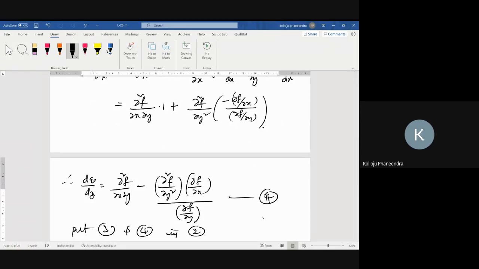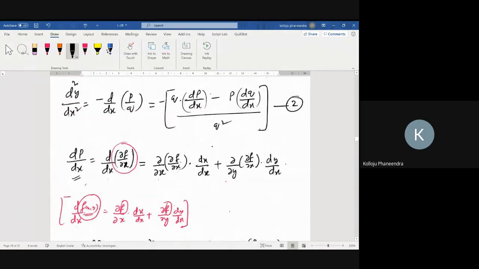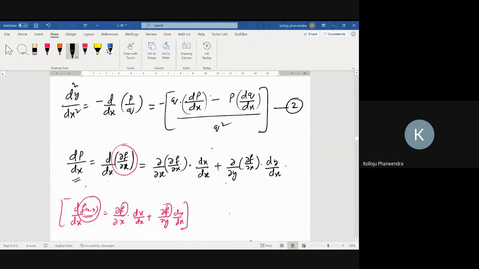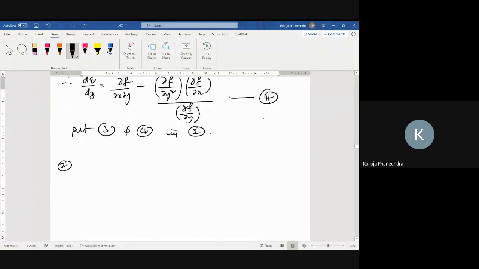In equation 2, minus q dp by dx minus p dq by dx. Equation 2 implies d²y/dx² equals minus q into dp by dx first. What is dp by dx?